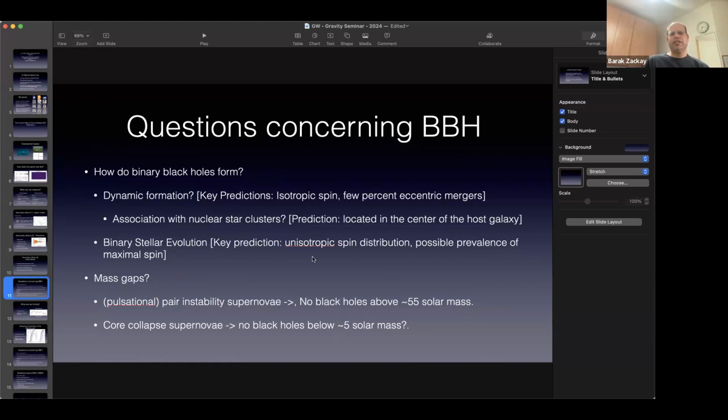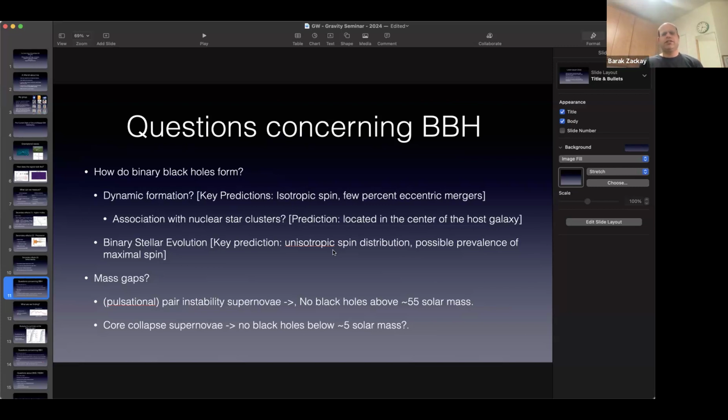There's a key prediction that the spin of the black holes, the vector in 3D on which a black hole chooses to spin, knows something about the orbit when it formed. For example, the star right before it became a black hole could have been locked tidally to its friend. Okay, it can happen.